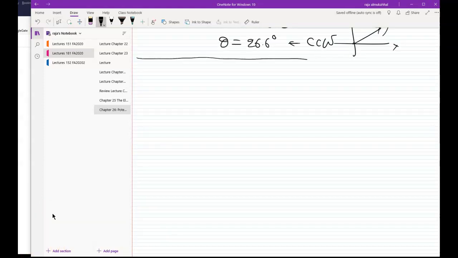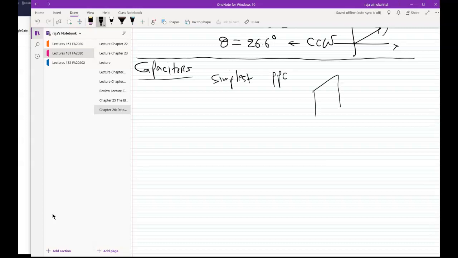The simplest form of a capacitor is the parallel plate capacitor. I call it PPC, okay, for simplicity. A parallel plate capacitor, think of it like I have two metal sheets.